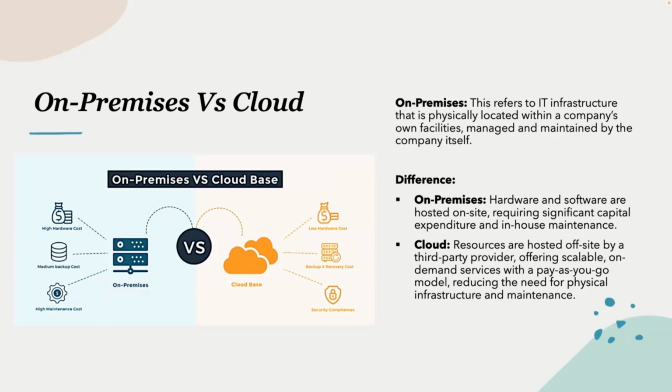Whereas with the cloud, the resources are hosted off-site by a third-party provider such as Amazon, Microsoft Azure, and Google. This thereby reduces the need for physical infrastructure and maintenance by organizations, companies, or individuals that utilize these cloud resources.